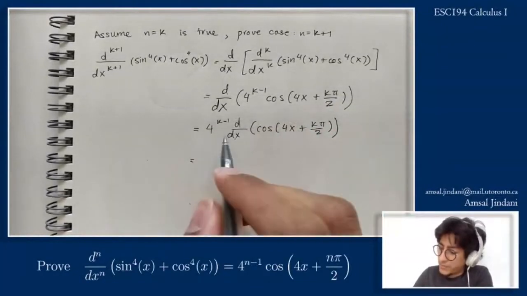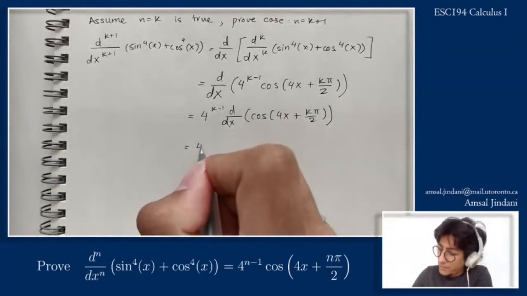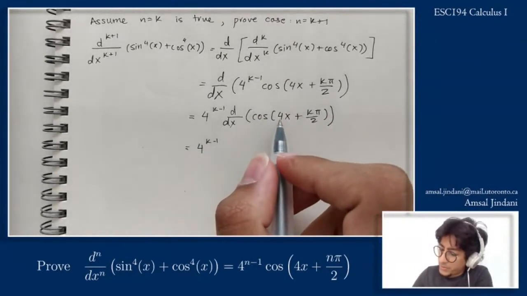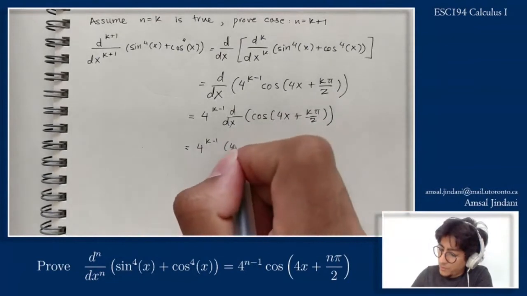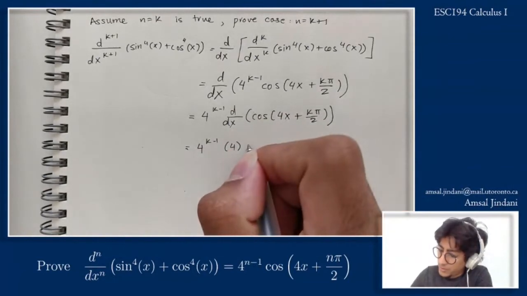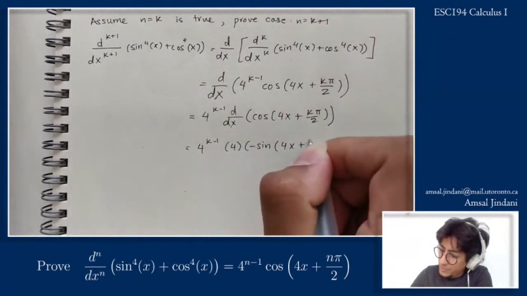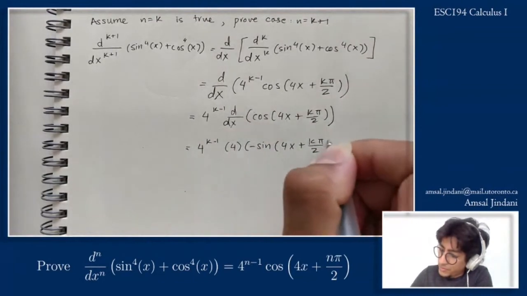And then let's take the derivative of this expression. So I have that 4 to the k minus 1. And then the derivative of cosine 4x should give me 4 times minus sine of 4x plus k pi over 2.